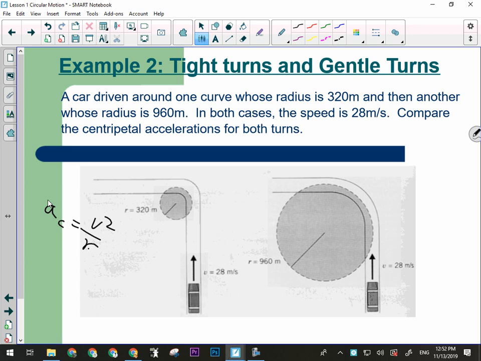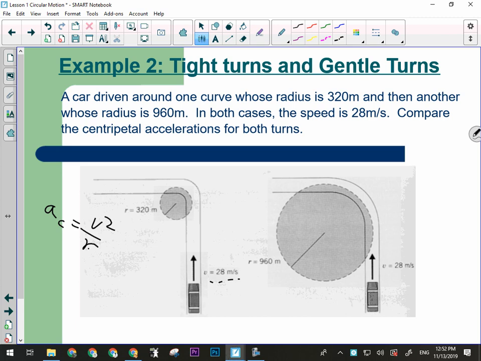All right, so we're going to look at that here with this example. So we've got the same car going around two different corners. Okay? It's going to go around both of these corners at the same speed, 28 meters per second. So v is going to stay the same. r is going to increase.